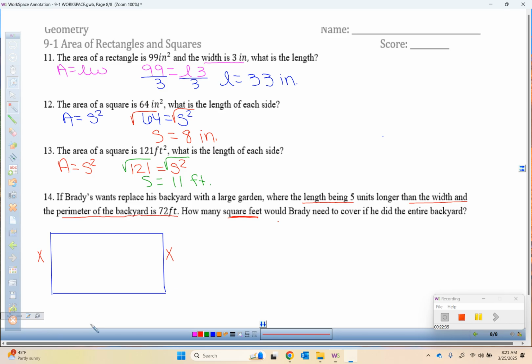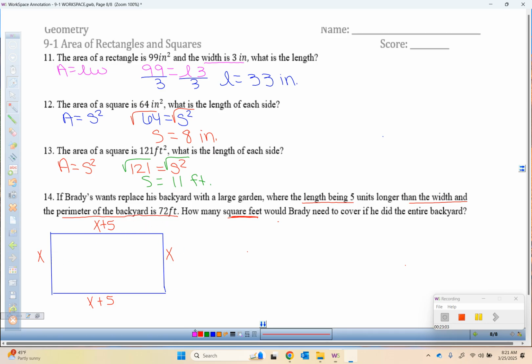Would it make sense to call it X plus 5? So if it's X plus 5 down here, it's going to be X plus 5 up here. Knowing the perimeter, I can solve for X and find my sides.